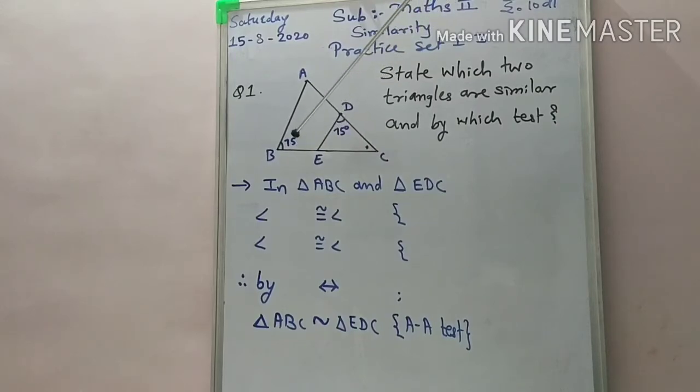So angle ABC is congruent with angle EDC. Here we write the first pair as equal measures, each angle is 75 degrees. Okay, and now how do we find the second pair?